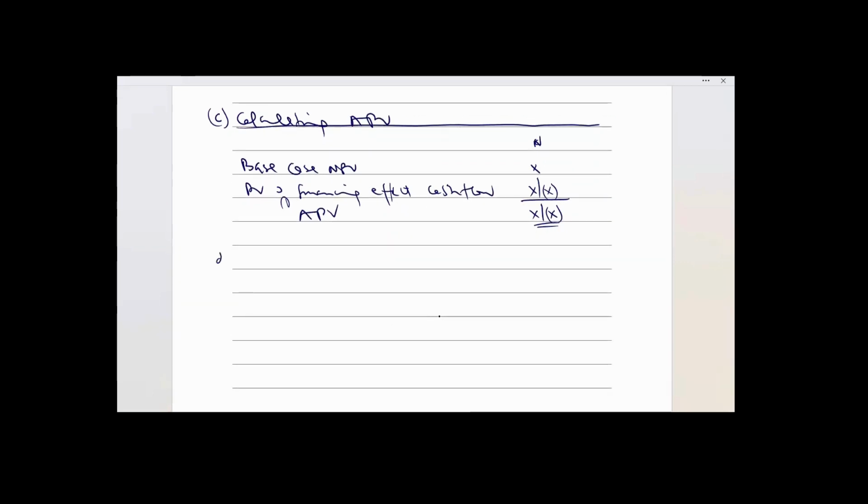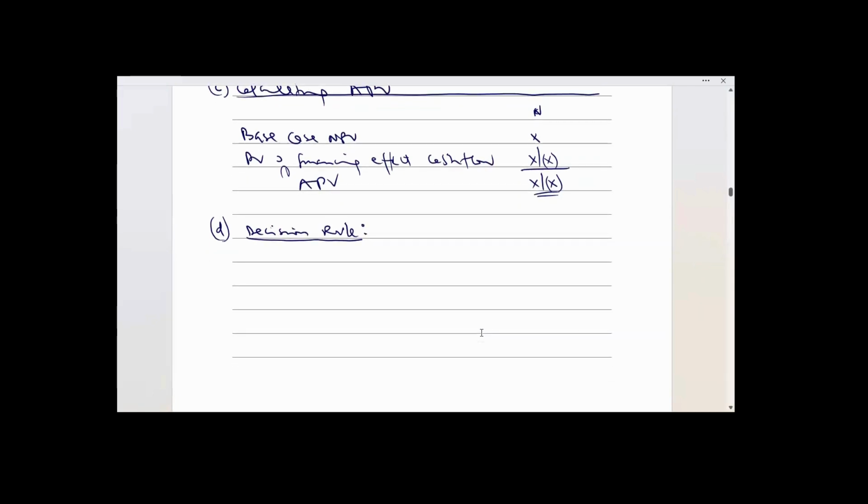Finally, step D, you need to advise. So decision rule. The decision rule for APV is the same thing as decision rule for NPV. So if APV is positive, you accept the project.